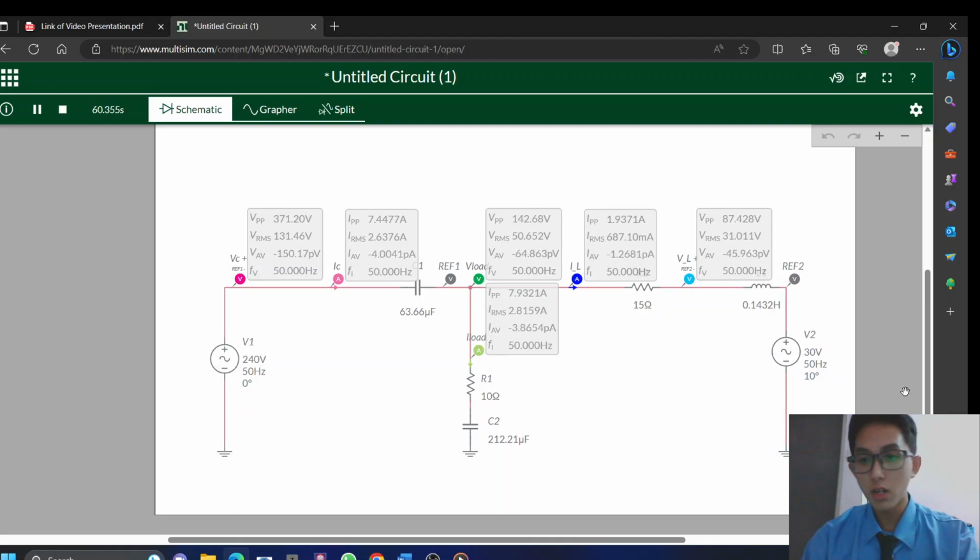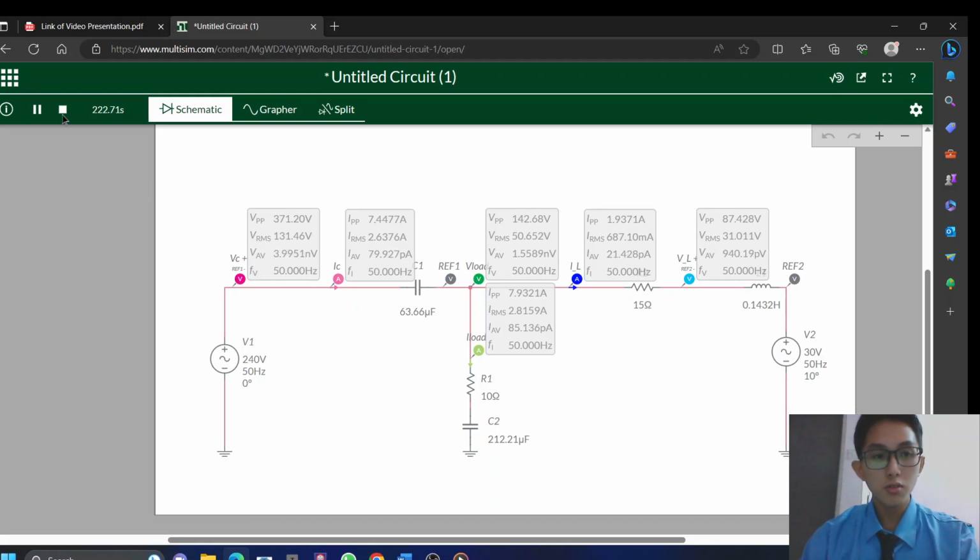We set the value for voltage, frequency, and also the angle. Then we arrange the capacitor here, the inductor here, and also the resistor and capacitor. And don't forget we also need to put a ground here. Then we also put the voltmeter and the ammeter.